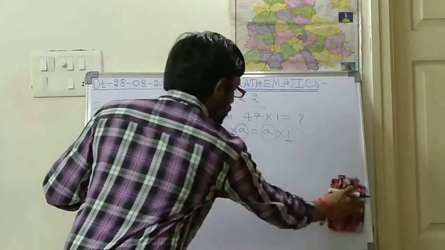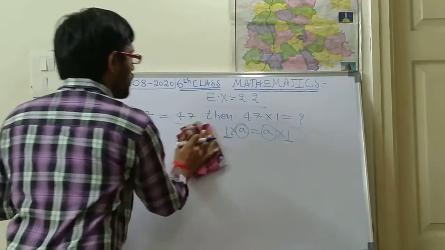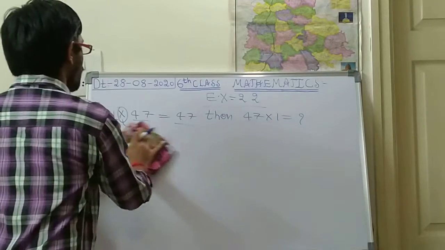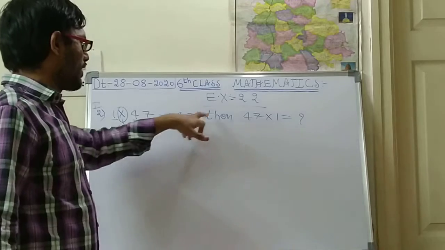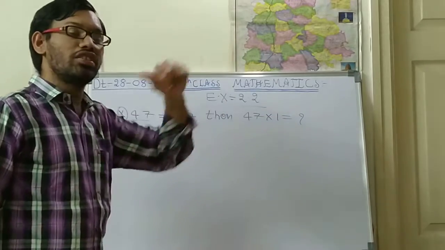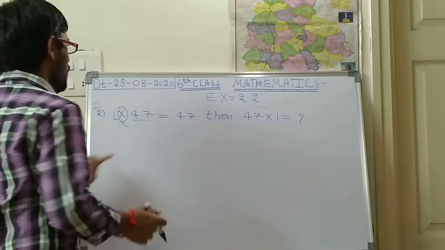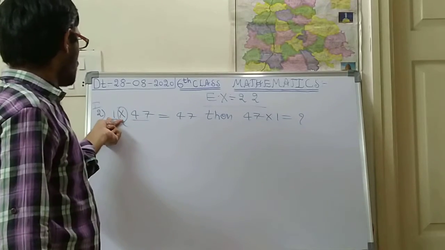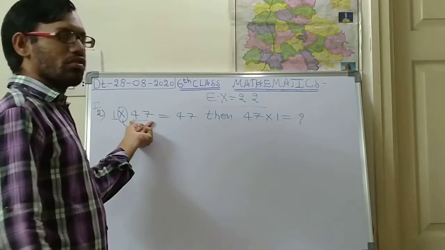So now I think you have understood this concept. Based on this concept, if you see this problem, 1 into 47 is equal to 47, then 47 into 1 is equal to how much? Directly you can write: one number is 1 and another is a whole number.